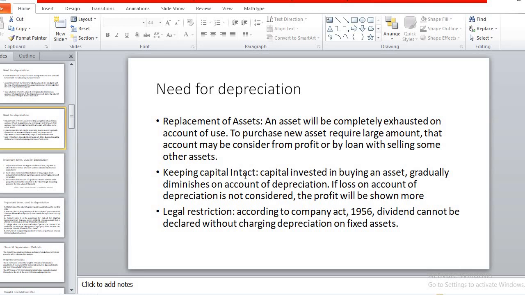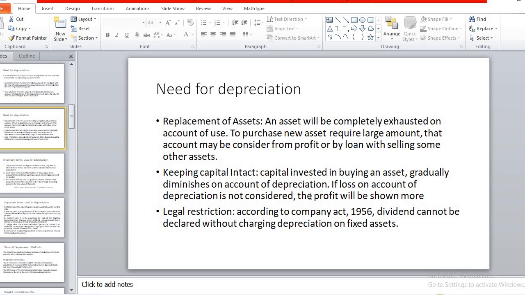Again, keep the capital intact. Whatever capital was invested by the owner, suppose the owner invested 100 rupees to purchase a new building. As time passes, after 10 years, the building cost reduces as it becomes old. That should be considered. This gradual diminishing on account of depreciation is also considered.